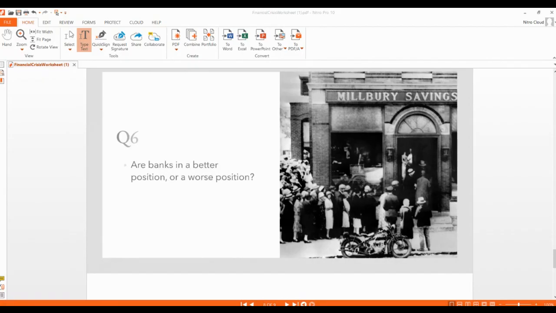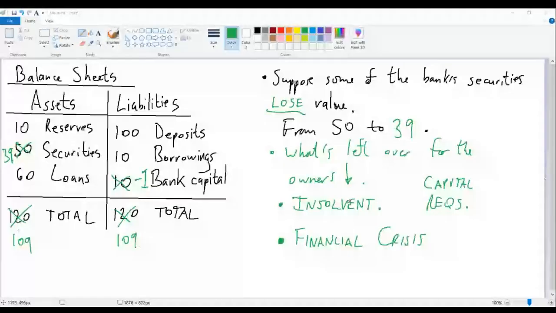So having gone through this particular example, the next thing I want to do is to try and use it to go through, as I mentioned, what Frederick Mishkin views as the common factors behind all financial crises.